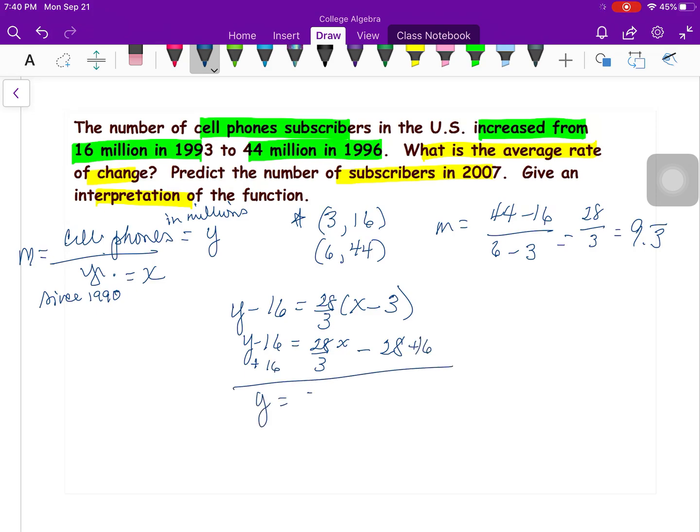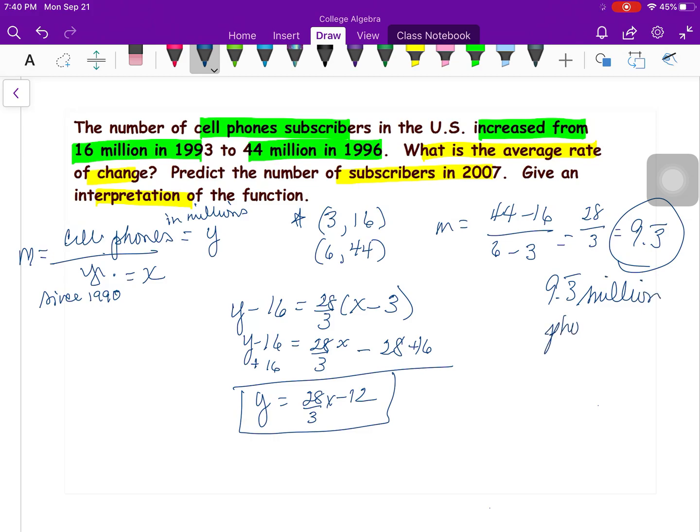So I get y equals 28 thirds x minus 12. So there's my equation. My average rate of change was right here, 9.3 million phones per year.